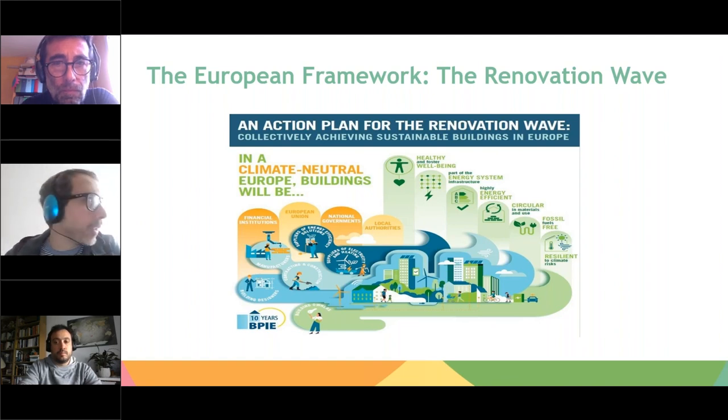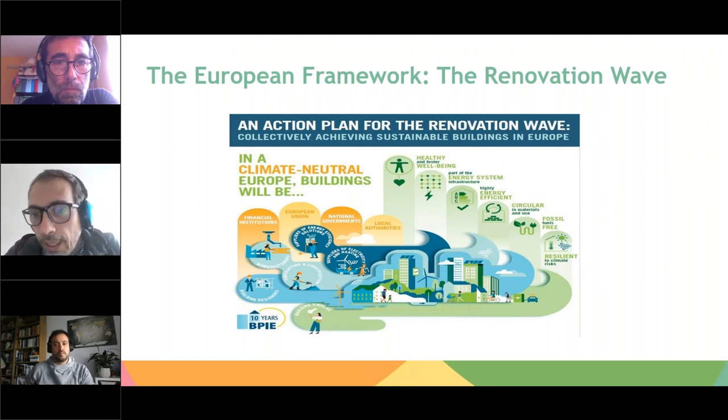Refurbishment means that you extend the life of the building, so you are not consuming energy or new materials, and you are not emitting CO2, but you are extending this life period. So this is also a powerful way to be circular and to be sustainable. Okay, and we need more resilient buildings to face the climate risk, the climate change.